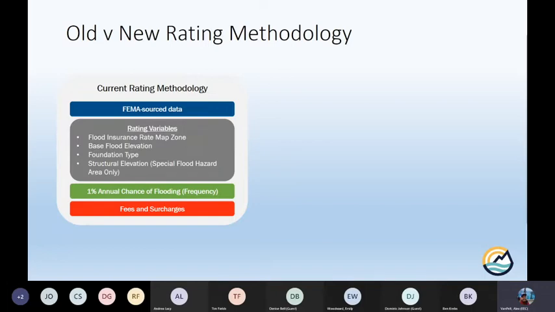They considered foundation type. So how is your structure built? Think about the elevation certificate, all the different foundation or building types. And then they considered your structure elevation. So where's the elevation of your lowest floor? But that structure elevation was only considered if you were in the special flood hazard area, the 1% chance area, the blue blob.